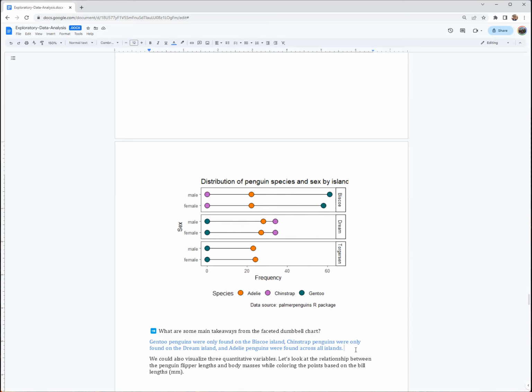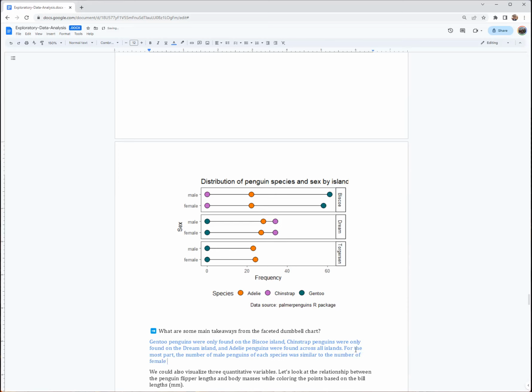So for the most part, the number of male penguins of each species was similar to the number of female penguins found on each island.